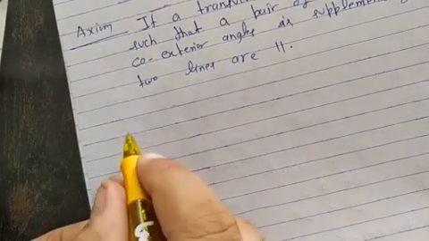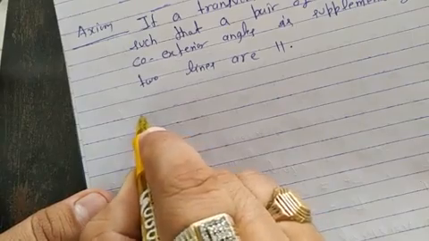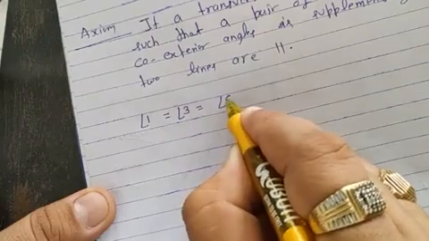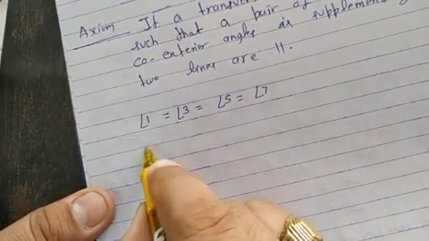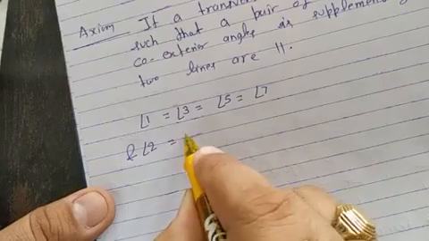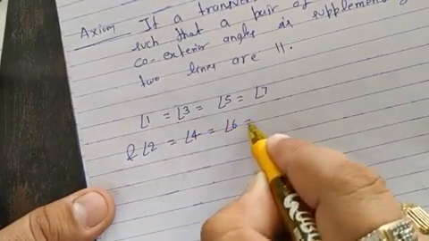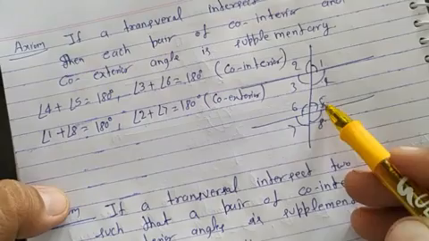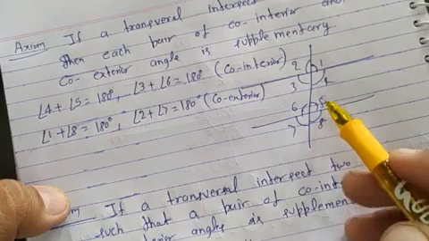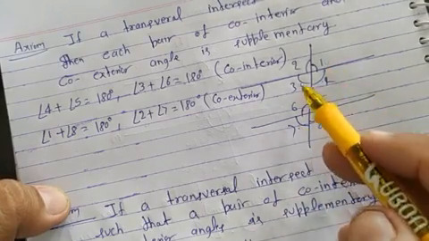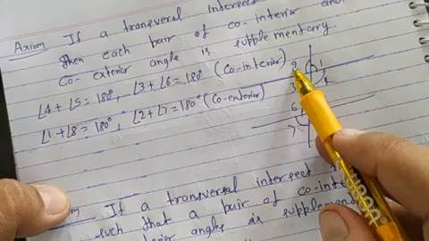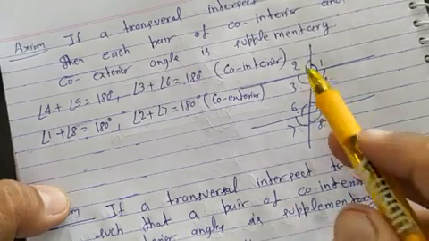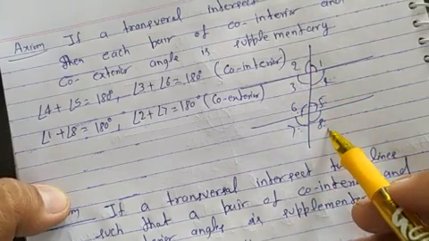Now look carefully at the conclusion that comes out of this. Angle 1 equals angle 3 equals angle 5 equals angle 7, and angle 2 equals angle 4 equals angle 6 equals angle 8. How? 1 equals 5, 3 equals 5, and 3 equals 7, so 1 equals 5 equals 3 equals 7. And 2 equals 6, 6 equals 4, and 4 equals 8, so 2 equals 4 equals 6 equals 8. Is it clear?